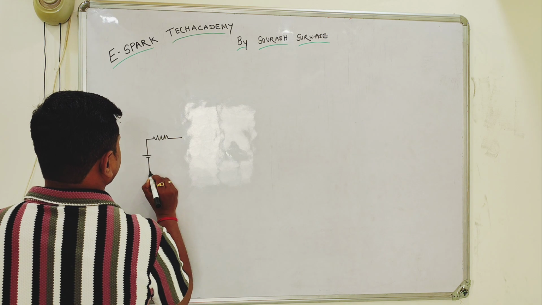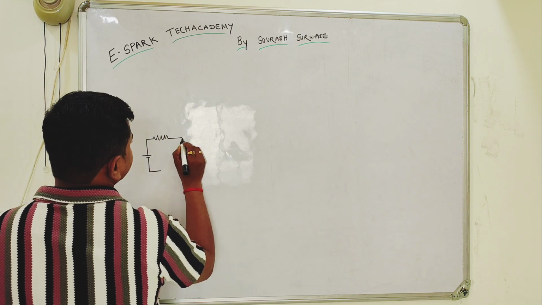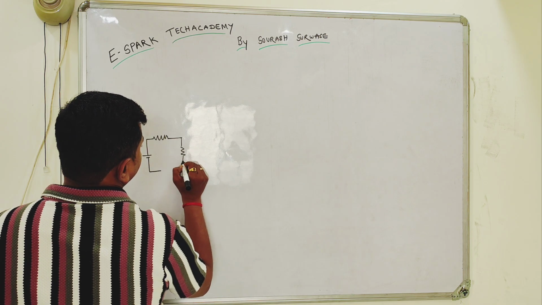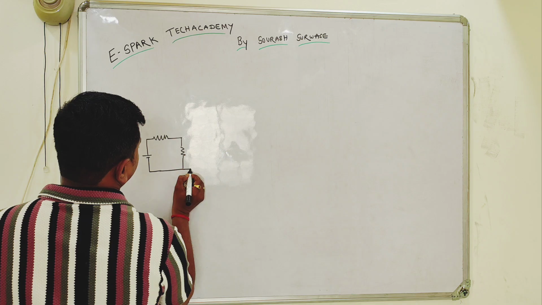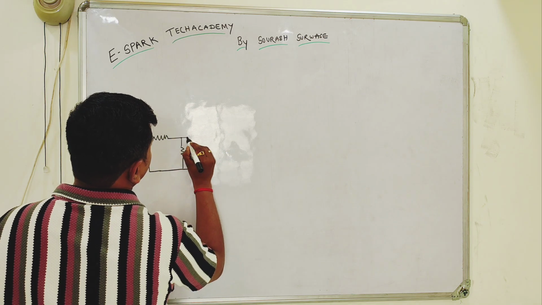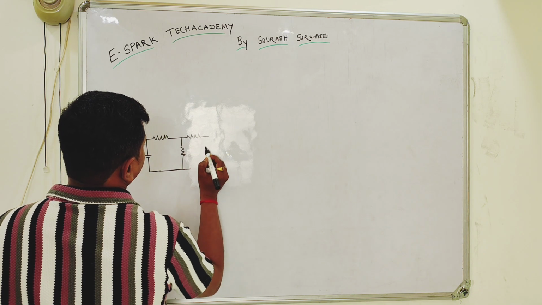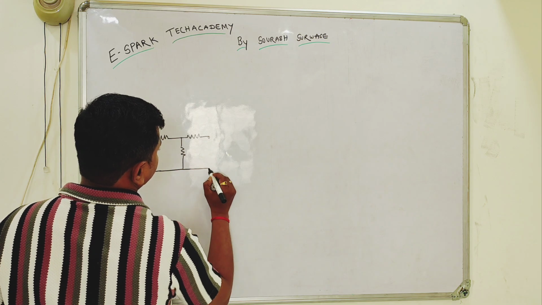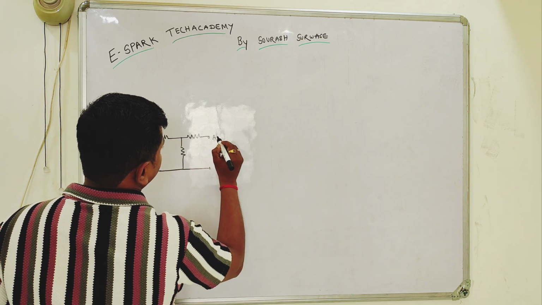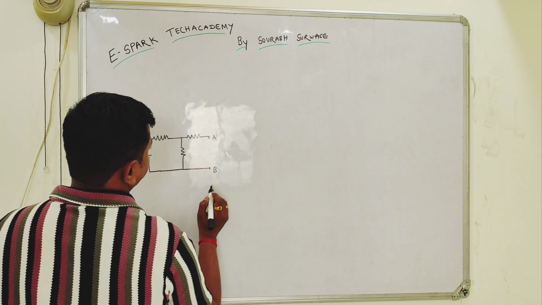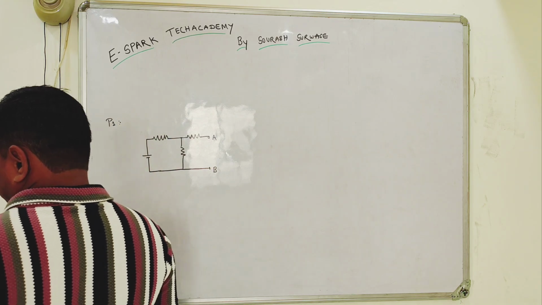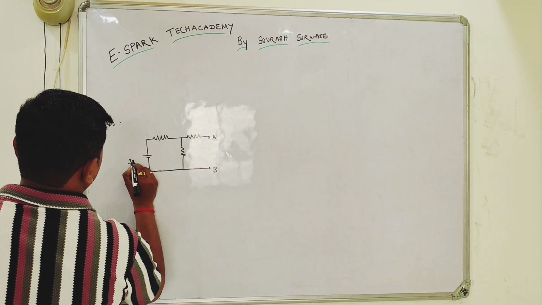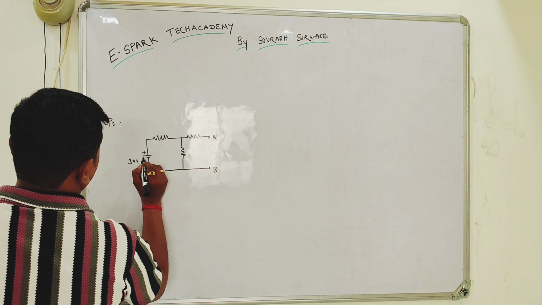First we will be drawing the given circuit diagram. This is the point A, point B. Given is a 30 volt DC supply.